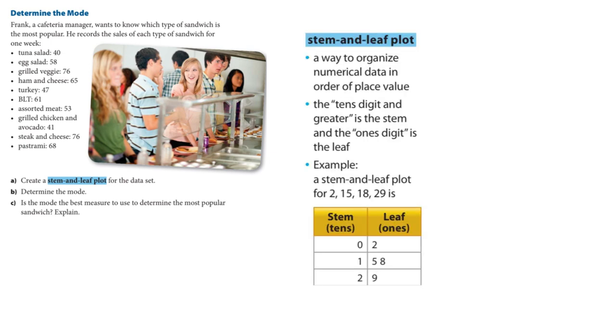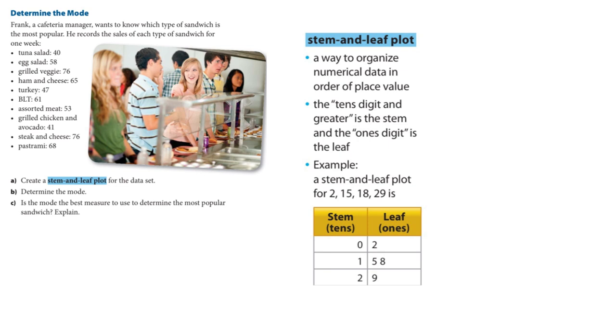So a stem and leaf plot is a way to organize numerical data in order of place value. The tens digit and greater are the stem part, and the ones digit is the leaf. So for example, if I have the numbers 2, 15, 18, and 29, 2 has no tens value, so the stem would be 0 and the leaf would be 2. 15 and 18 both have 1 tens value.